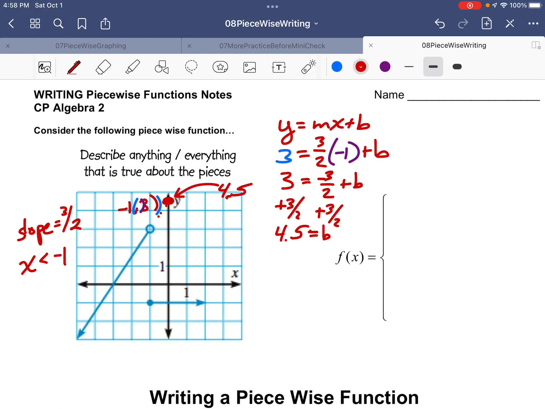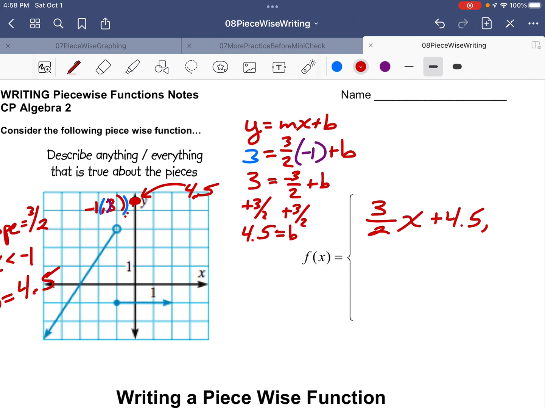So we also have a y-intercept, b equals 4.5. Now, do you realize what's happening here? We now have enough information to write the equation for our first piece. That's right, it's going to be 3/2 x plus 4.5, but only for x values less than -1. And we have our first piece written.